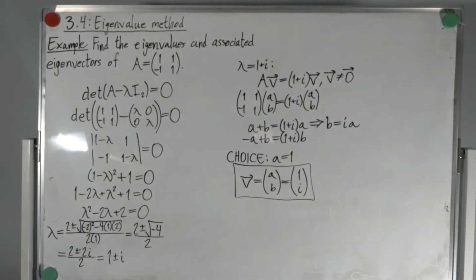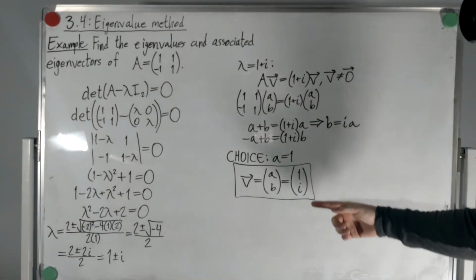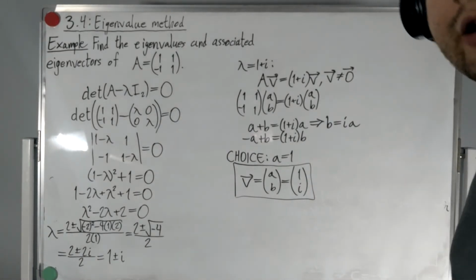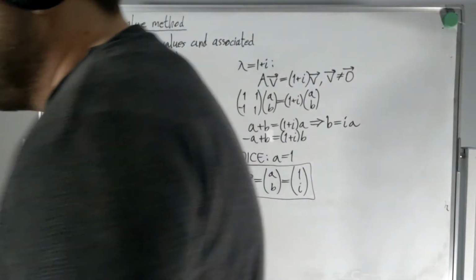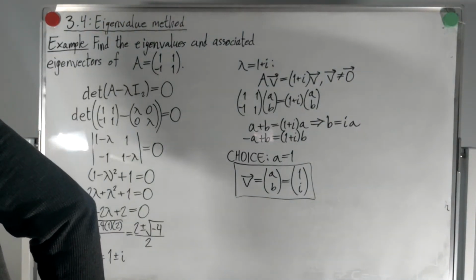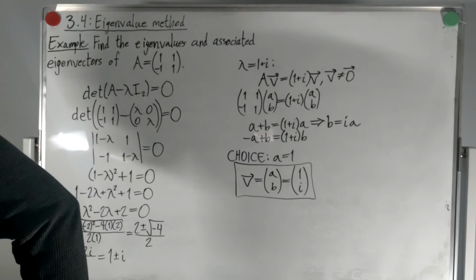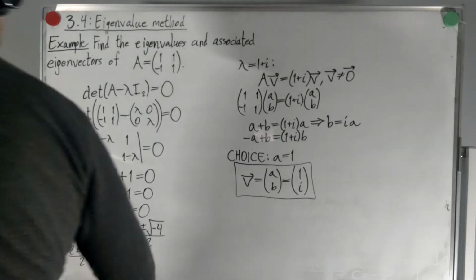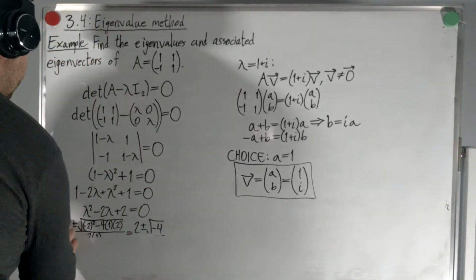So here we have a non-real eigenvalue and a non-real entry eigenvector. That is fine. That can certainly happen. And let's try another one.